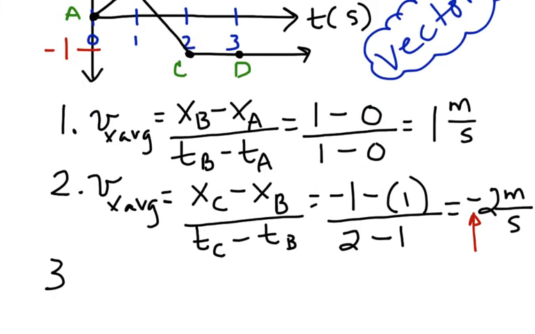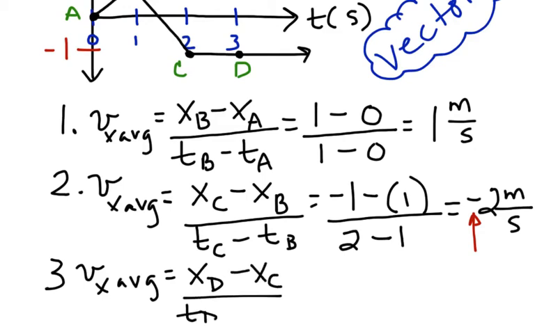Now for number 3, I'd like to find the velocity between points C and D. Notice there that there is no change in position. So my average velocity in the x direction is going to be the position at D minus the position at C over the time at D minus the time at C. Now the position at D is -1.